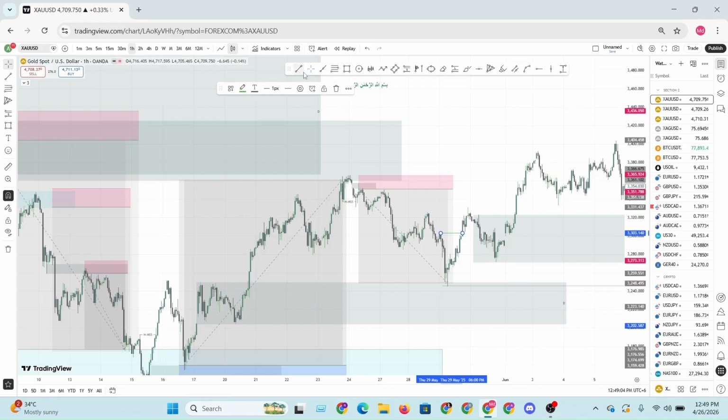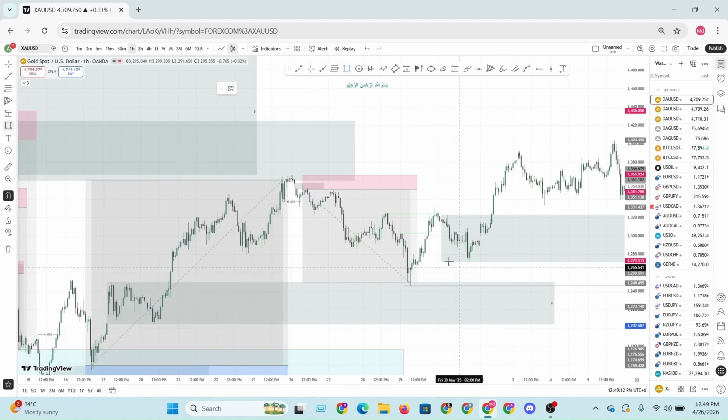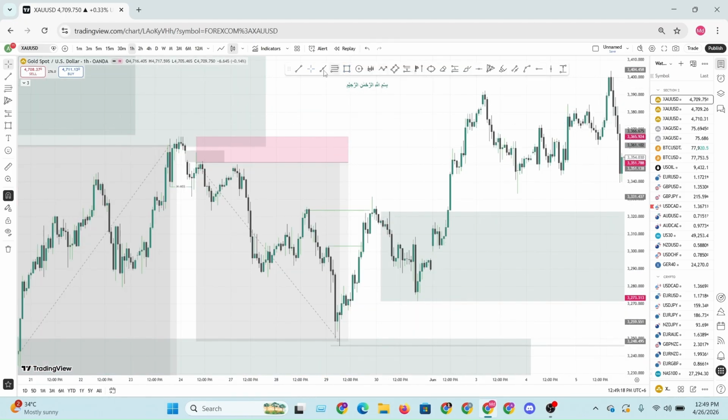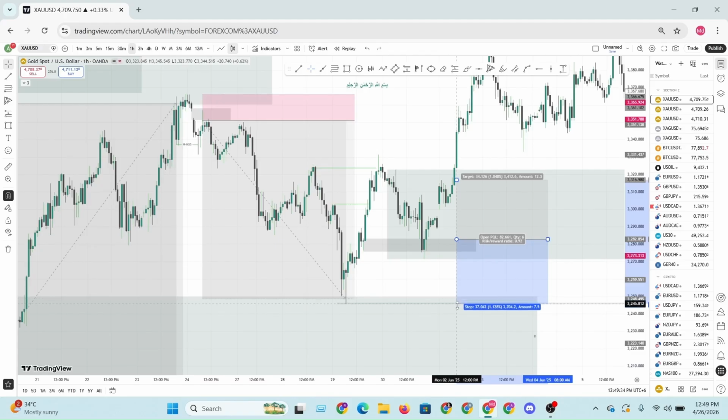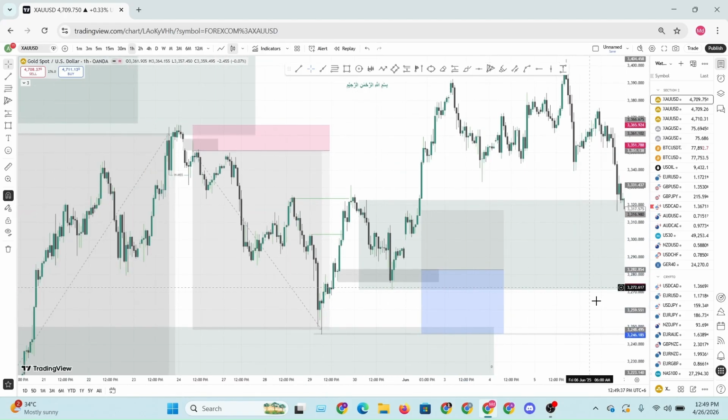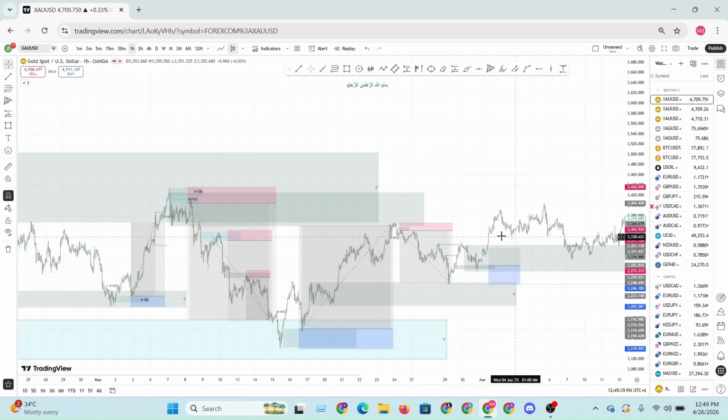Okay, let's see. And again, extreme zone. From here we will target the liquidity.